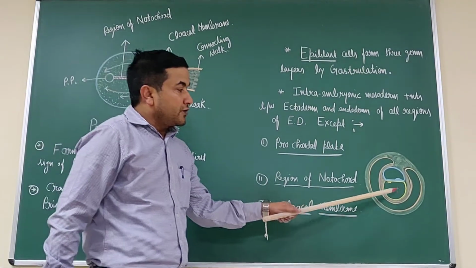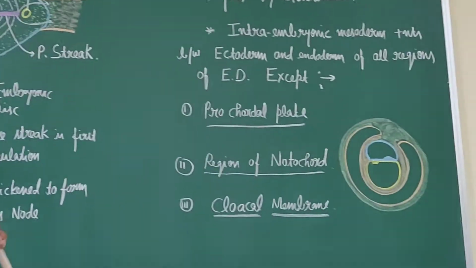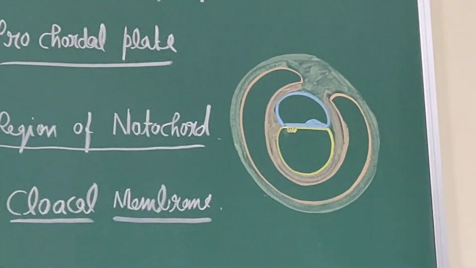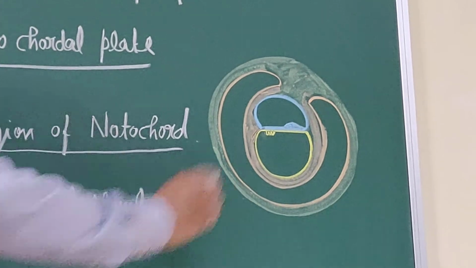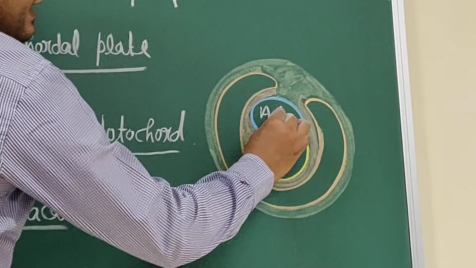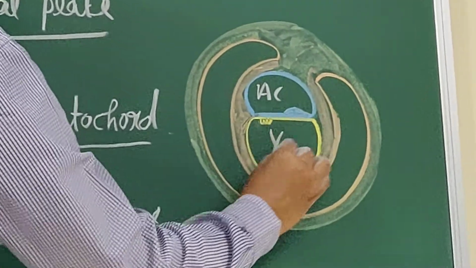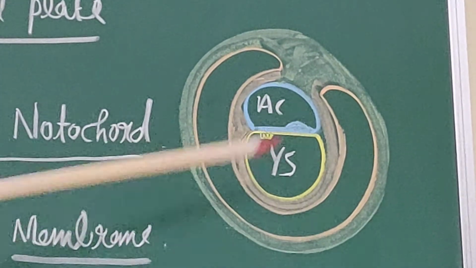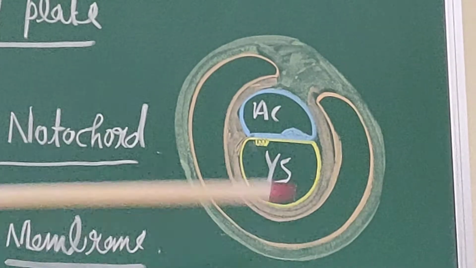Now focus on this diagram. We have discussed this diagram in the previous class. In this diagram, if you remember, this is the amniotic cavity, this is the yolk sac, and this is the embryonic disc.